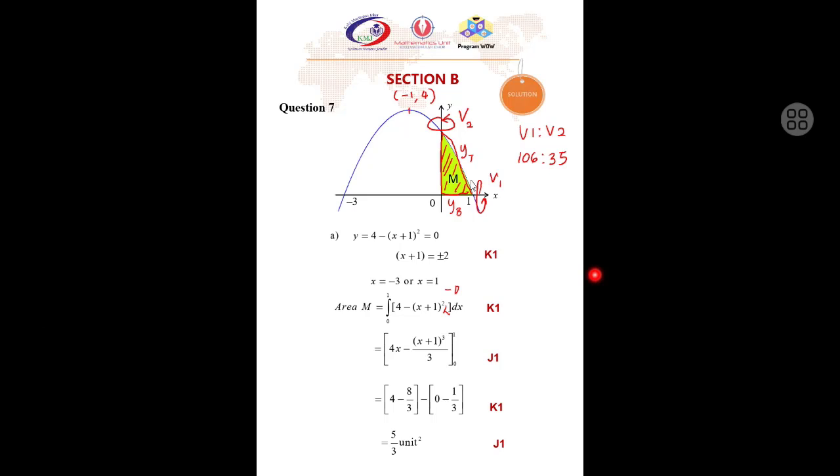For V1, the formula for volume is pi times the integration of outer squared minus inner squared function dx.